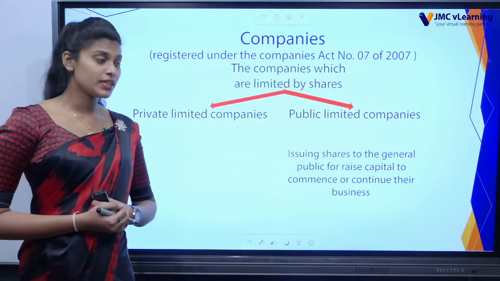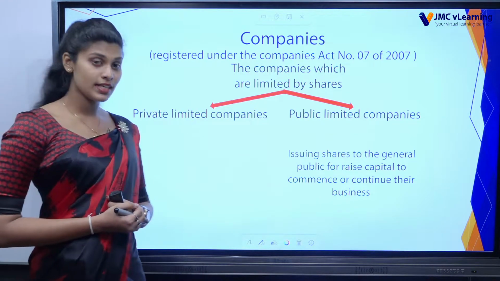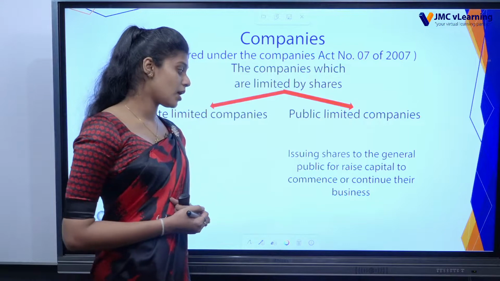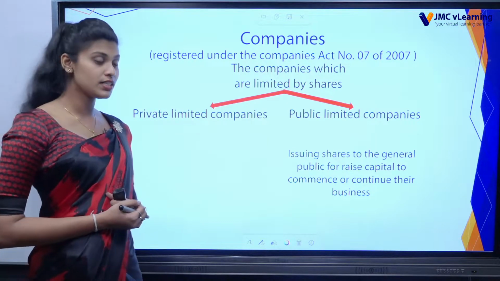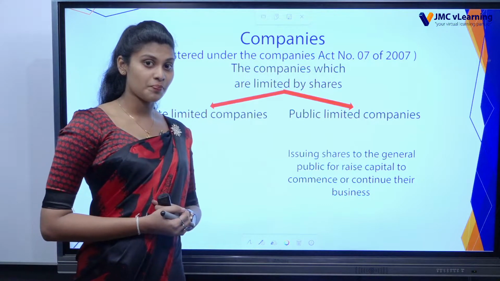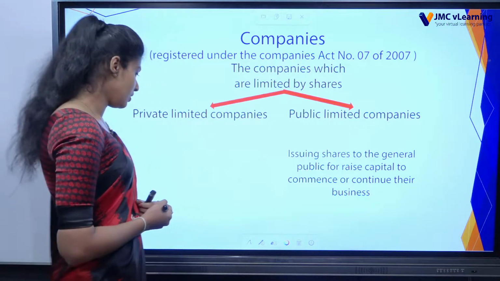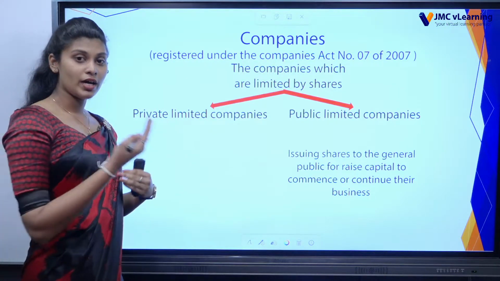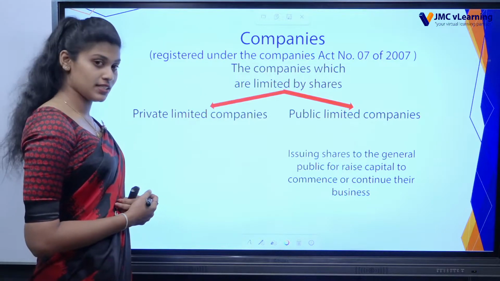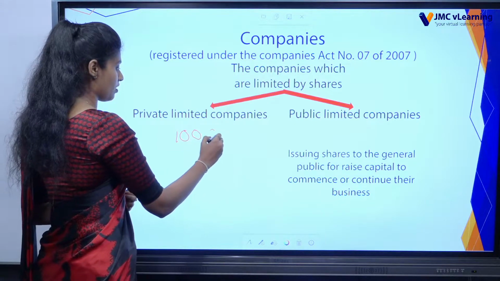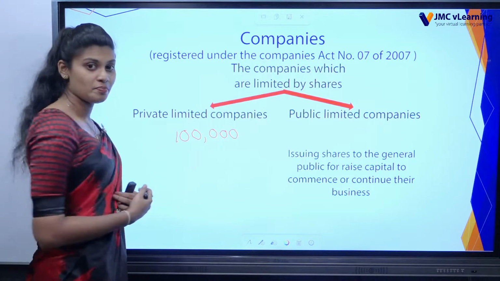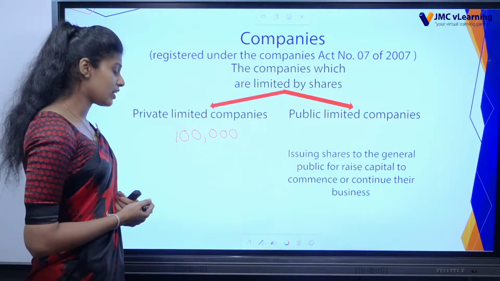These public limited companies issue shares to the general public to raise capital to commence or continue their business. I'll give an example. Now I am going to start a business. I need 1 lakh, but I haven't 1 lakh.